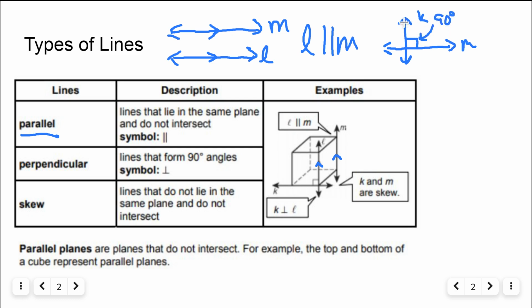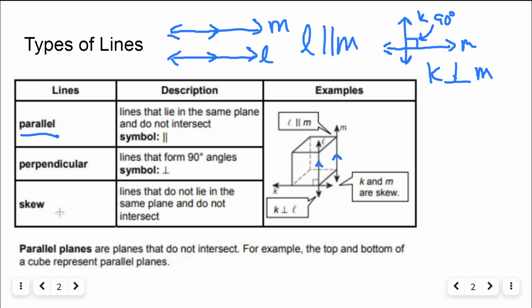That's a right angle. Lines K and M are perpendicular. So we could write K is perpendicular to M. The upside down T is the way we notate perpendicular. All right, and we can see some perpendicular lines here as well. K and L make a right angle, so they are in fact perpendicular.